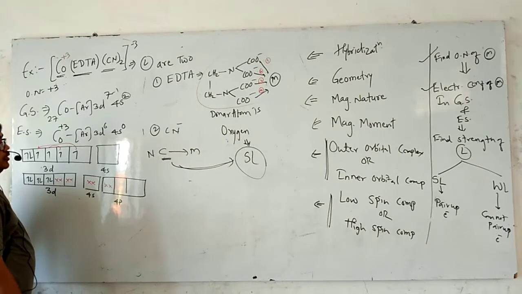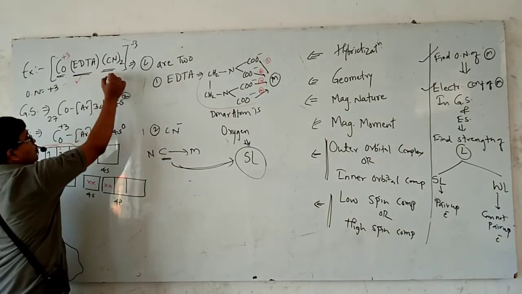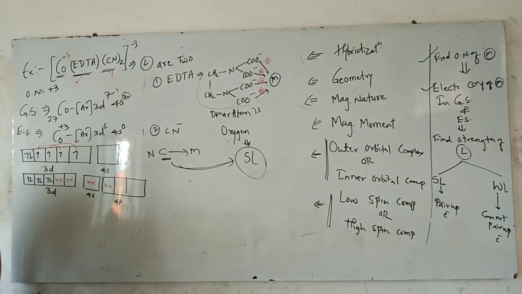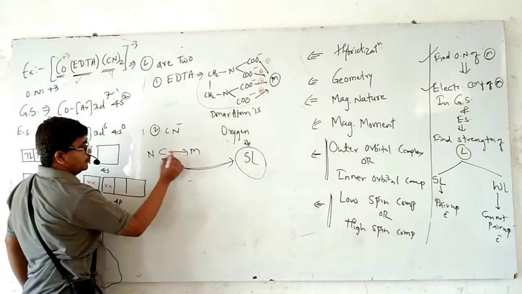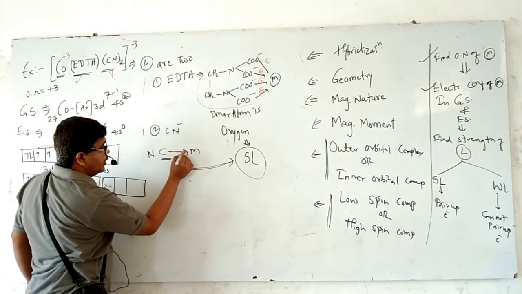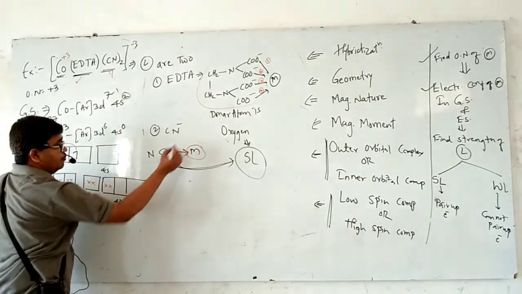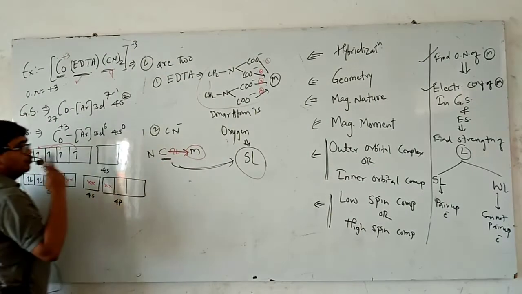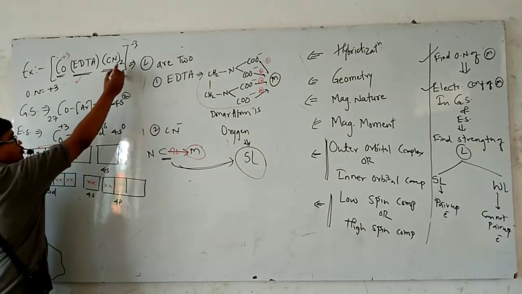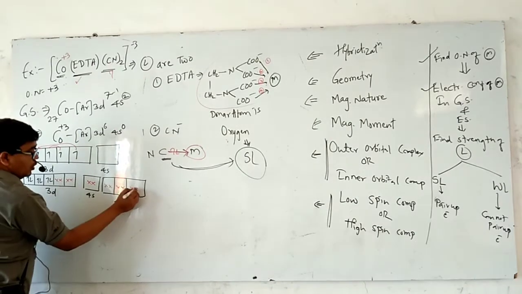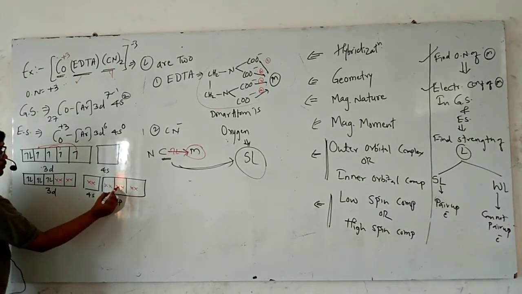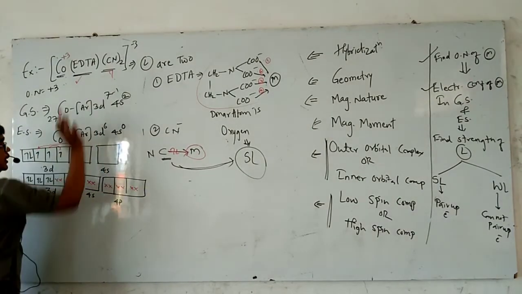Now we are going to fill the electrons of CN. Now CN is a monodentate ligand. It means it can form only one bond with the metal atom. It means one CN can give 2 electrons. So 2 CN will give 4 electrons. So these are the 2 electrons of first CN. These are the 2 electrons of second CN.